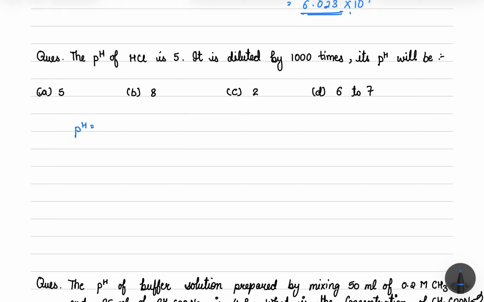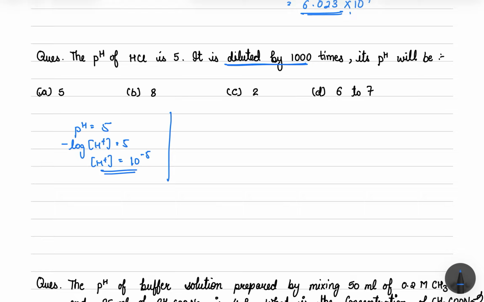See, pH of HCl is given 5. Again minus log of H plus will be 5. So concentration of H plus will be anti-log of minus 5, that will be 10 raised to power minus 5. Okay, now we are diluting it by 1000 times, that means we are increasing the volume. So per unit volume will be decreased.